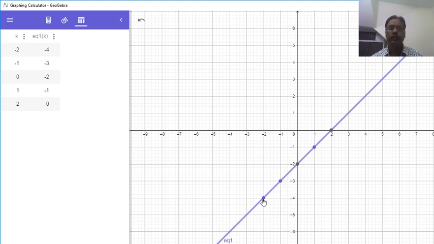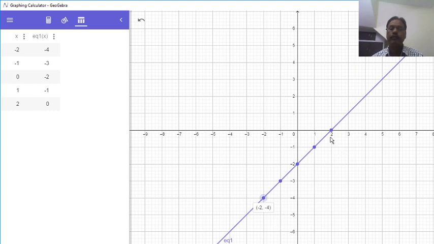This is minus 2, and y equal to minus 4. Let us see, is it minus 2, minus 4 or not? Yes, we are seeing here it is minus 2, minus 4. So this is the graph of that equation. The equation was x minus y equal to 2.